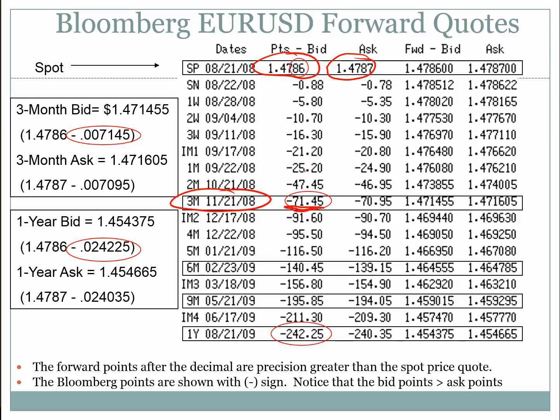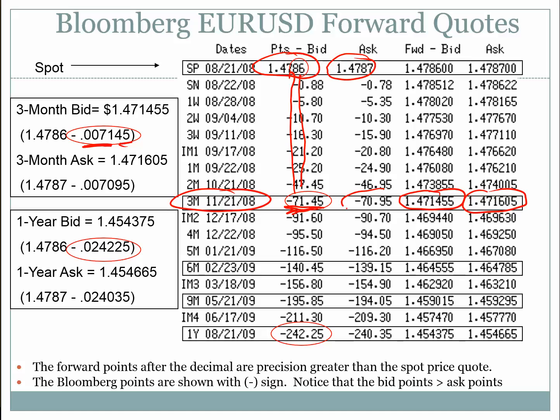Now the 71 refers to the last 2 decimal places, the third and fourth decimal place. So actually to get the outright quotations, which are listed over here, I need to subtract 0.007145. The 45 refers to the 5th and 6th decimal place.